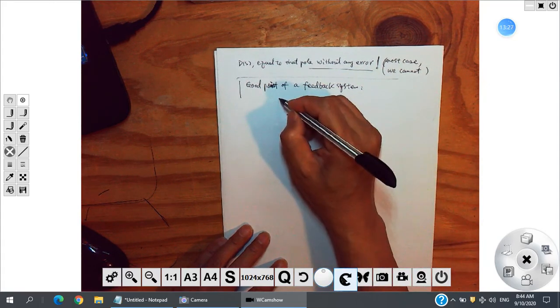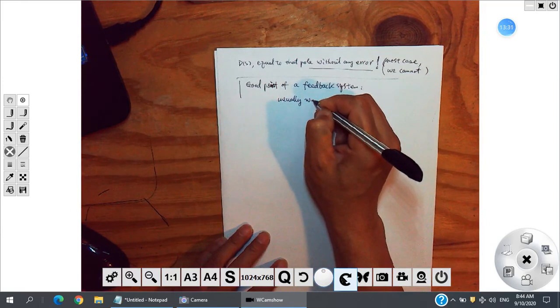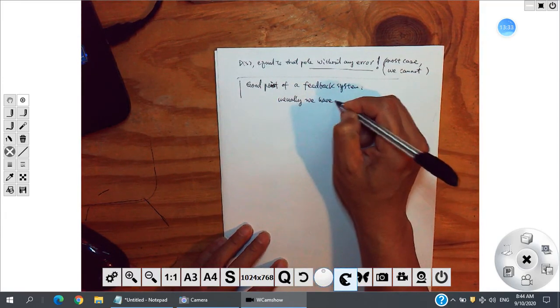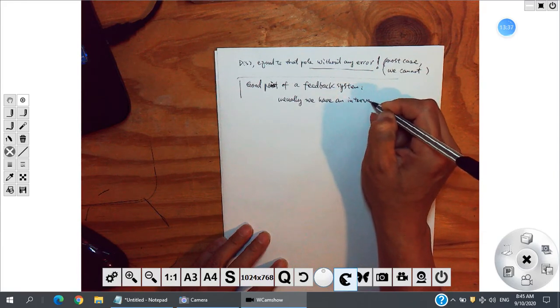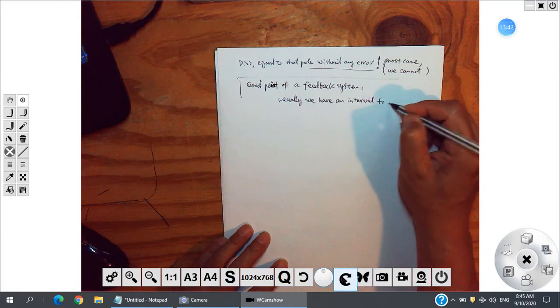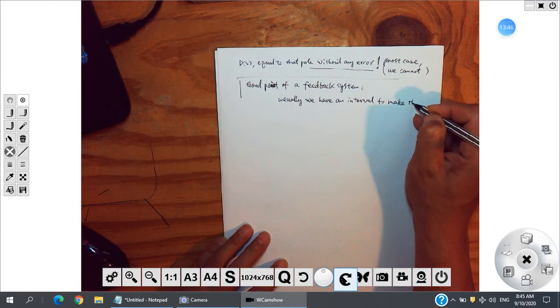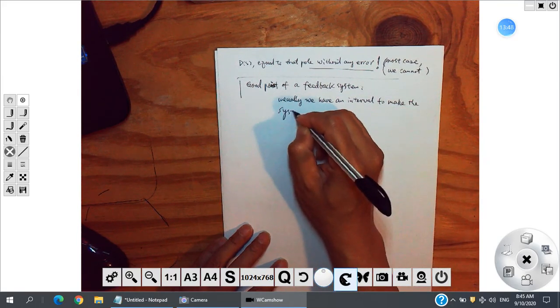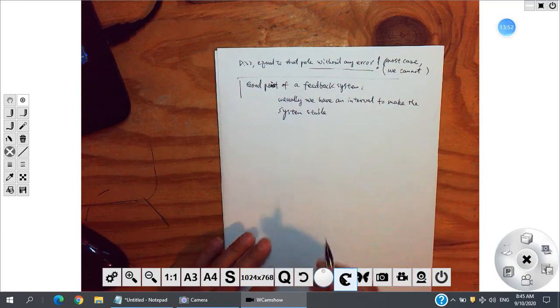Usually we have an interval to make the system stable. That means if you have a small error, it doesn't matter, because it's still inside the interval.